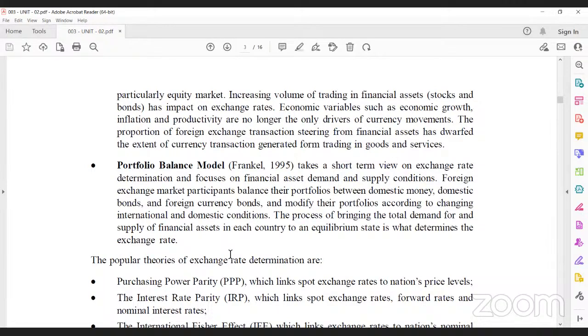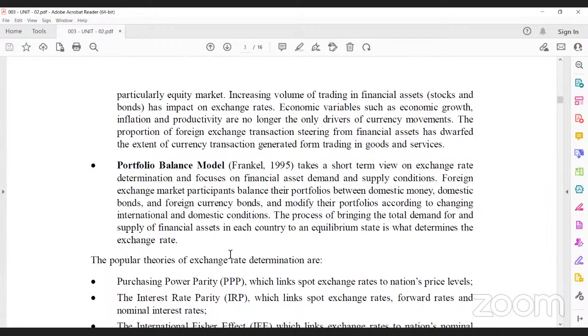Now, economic growth, inflation, and productivity were the drivers which enabled us to understand exchange rates, but these economic variables are considered to be no more the drivers of currency movements.